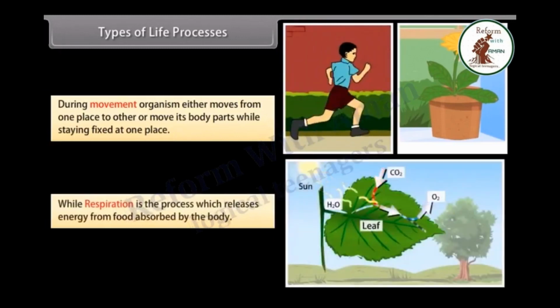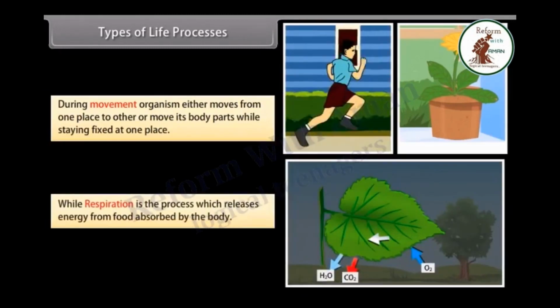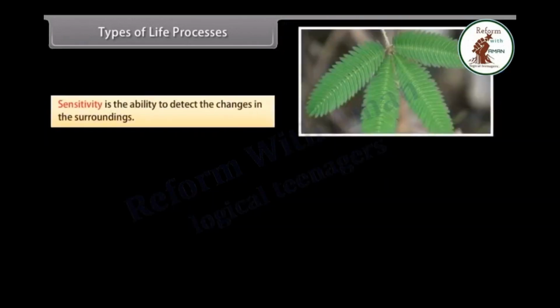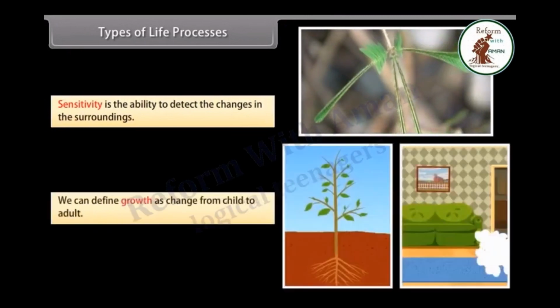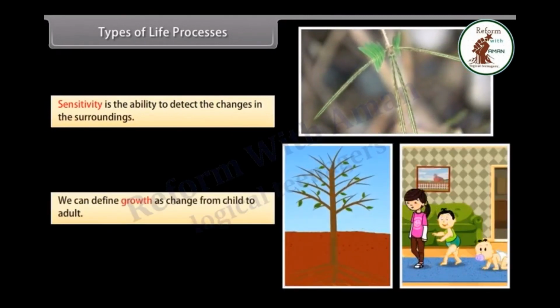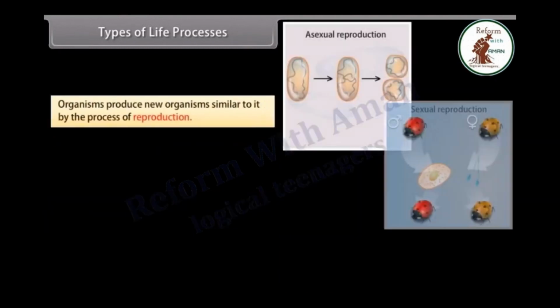While respiration is the process which releases energy from food absorbed by the body. Sensitivity is the ability to detect the changes in the surroundings. We can define growth as change from child to adult. Organisms produce new organisms similar to it by the process of reproduction.